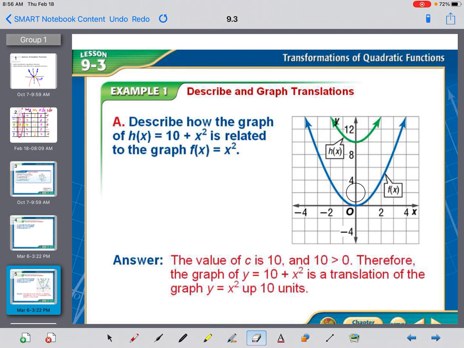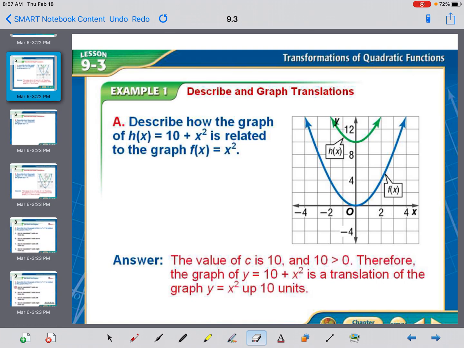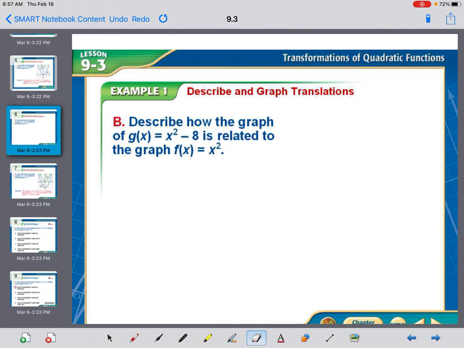And then here's the new one. Moved up how many places? 10. So you went from 0, 0 to 0, 10. And you went from 2, 4 to 2, 14, because you moved up 10. Translated up 10. So these are not difficult once you realize that.